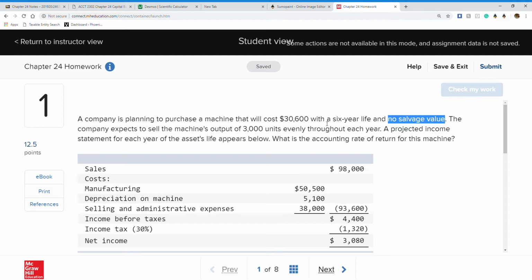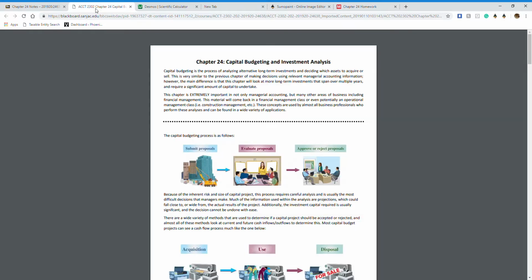What we care about with the rate of return is the cost, the salvage value, and net income. So all of this information is okay and dandy, but I'm looking for those three items. Here, net income is 3,080. I will always say check your notes, like I show you here.